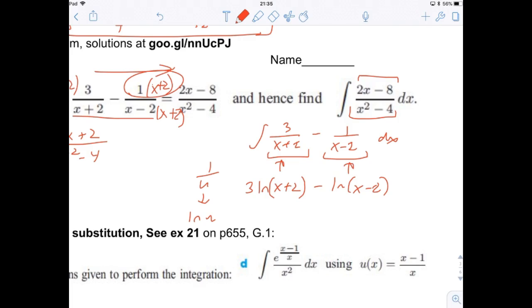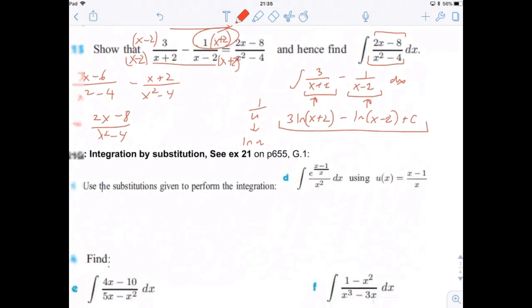And the derivative of that would be that one, right? And if you take the derivatives and check it, everything works out, right? The chain rules of x plus 2 and x minus 2 on the interior of these natural logs is 1. So, okay. That wasn't too bad, was it?